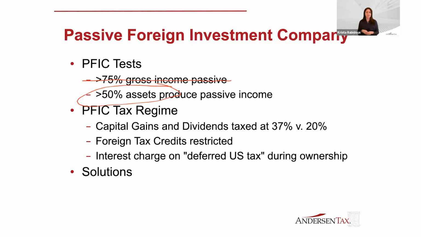Now, the thing with the PFIC is once you're a PFIC, you're always a PFIC, unless you're doing a purging type of situation. But this is something where one year you can go offside by accident, and from that point forward you're looking at that corporation as a PFIC. Once a PFIC, always a PFIC.